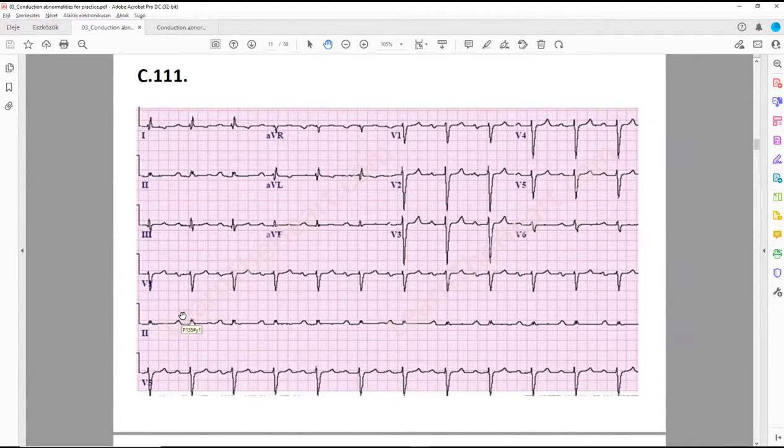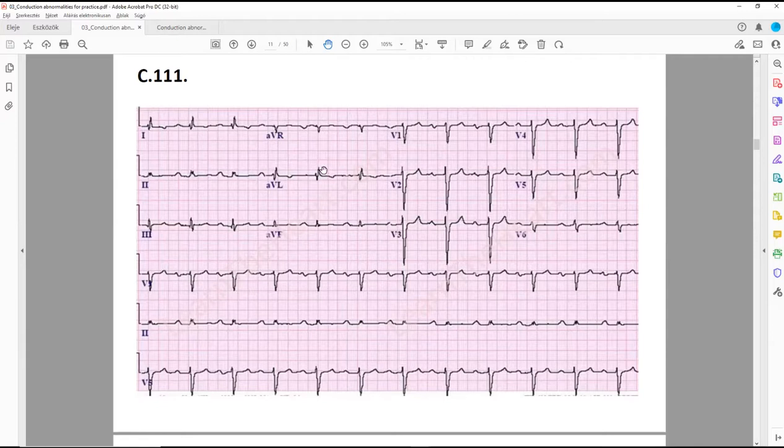So it looks like a first degree AV block. Okay, go on. The axis: AVL is equiphasic, so it's going to be 60. The second lead is positive, so it's 60. Okay, great. 60 degrees.